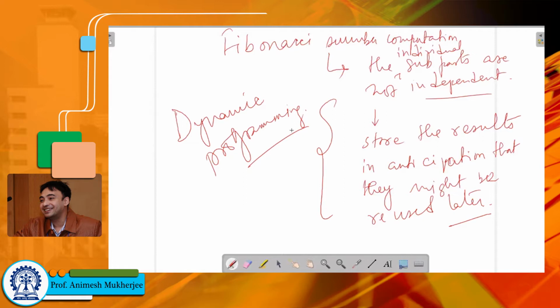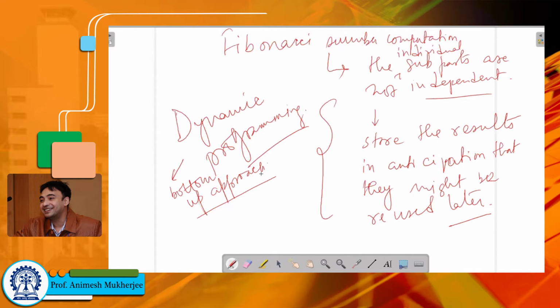So this type of algorithm, unlike divide and conquer, is an example of a bottom-up approach. Unlike the divide and conquer technique, which looks at the problem from a top-down perspective, the dynamic programming approach looks at the problem from a bottom-up perspective.